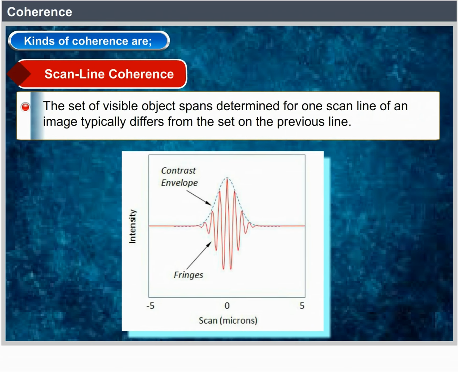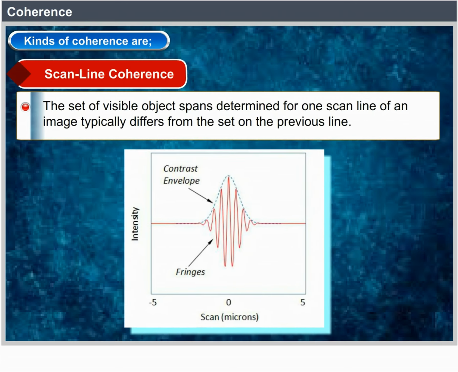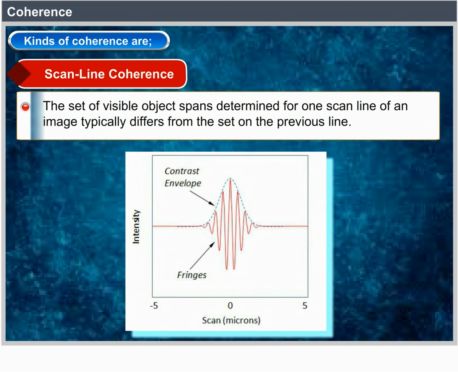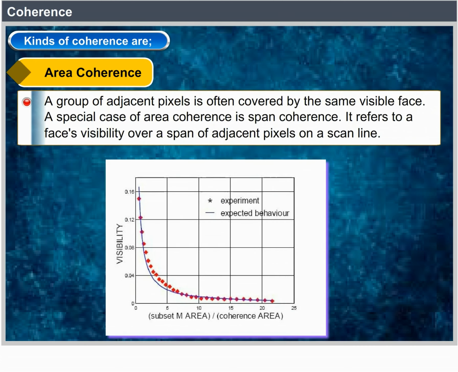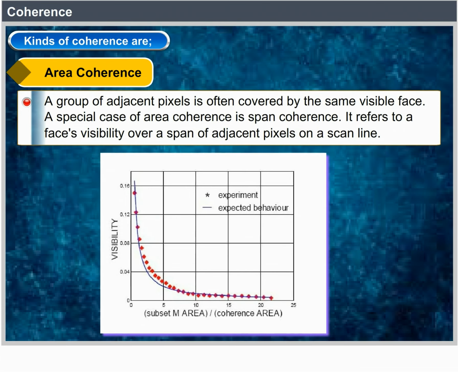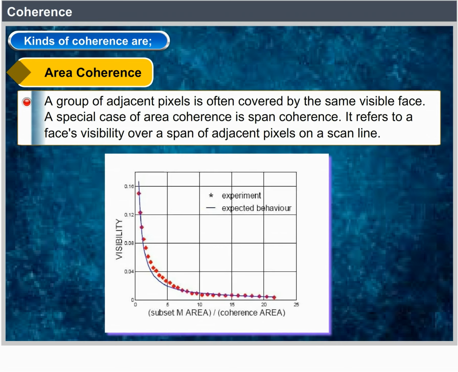The set of visible object spans determined for one scan line of an image typically differs little from the set on the previous line. Area coherence. A group of adjacent pixels is often covered by the same visible face. A special case of area coherence is span coherence, which refers to a face's visibility over a span of adjacent pixels on a scan line.